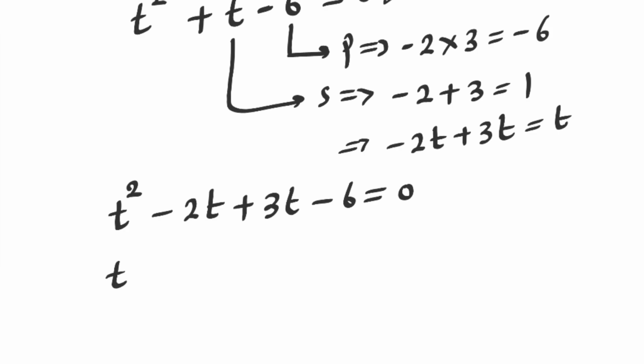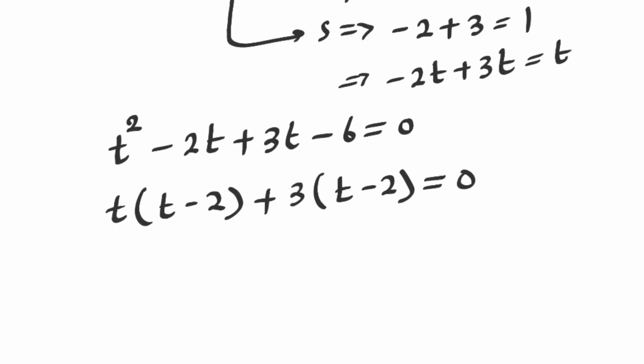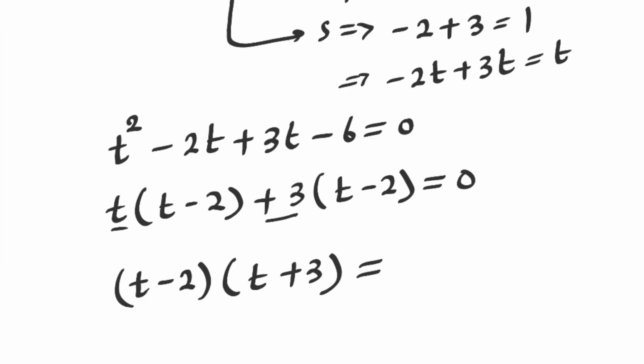And this is t bracket t minus 2 plus 3 bracket t minus 2 is equal to 0. Then here you can see that t minus 2 is common. Let's bring it out. We have t minus 2 bracket, this is t, then plus 3 is equal to 0.